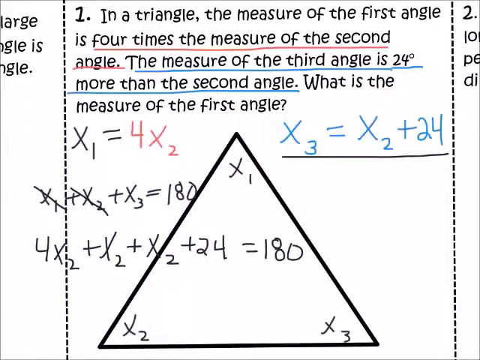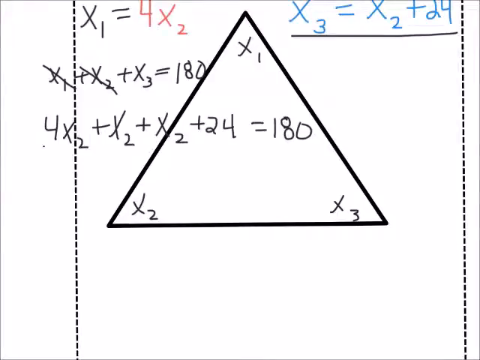Now that I've written all of that, I'm going to scroll up a little bit so I can write on the bottom of the page. We can combine like terms here because we have a bunch of x sub 2. So we have 4 plus 1 plus 1, so 6 x sub 2's plus 24 equals 180.